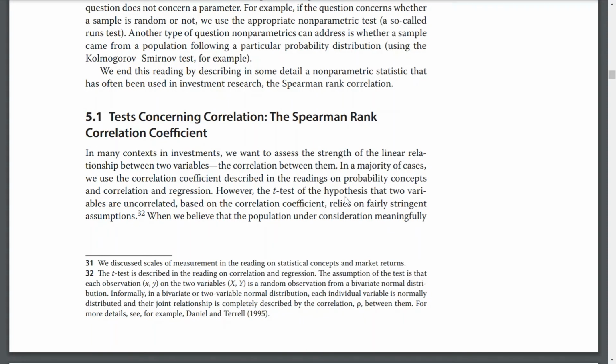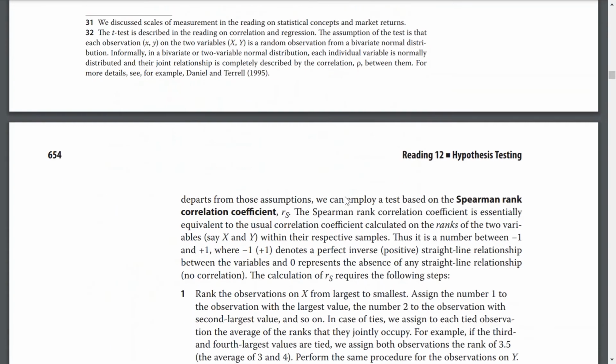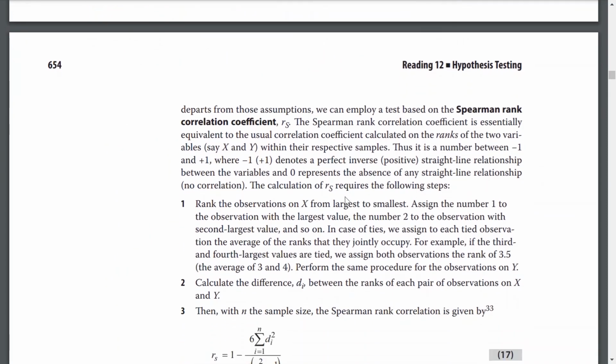However, the t-test of the hypothesis that two variables are uncorrelated, based on the correlation coefficient, relies on fairly stringent assumptions. When we believe that the population under consideration meaningfully departs from these assumptions, we can employ a test based on the Spearman rank correlation coefficient.